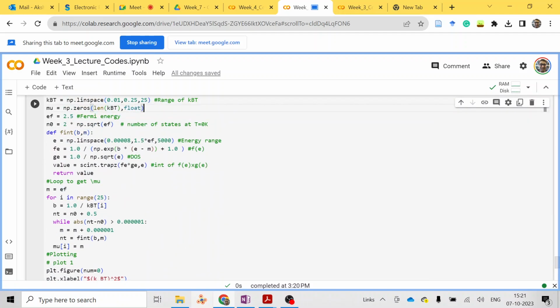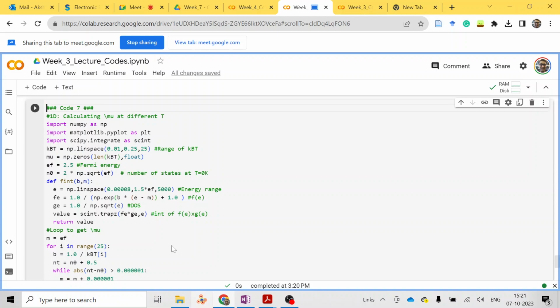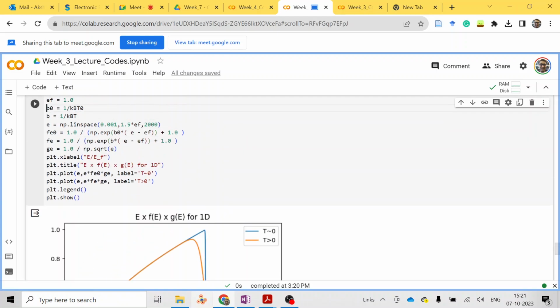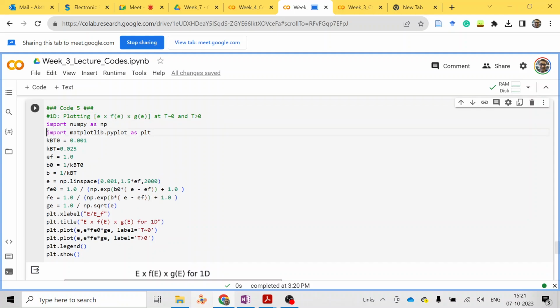This code number 5, number 6. Now for the 1D case, just remember that the density of states is 1 by square root of E. So the energy values we start not from 0, we have to use 0.001, and then again just change the density of states, which is 1 by np.sqrt(E).